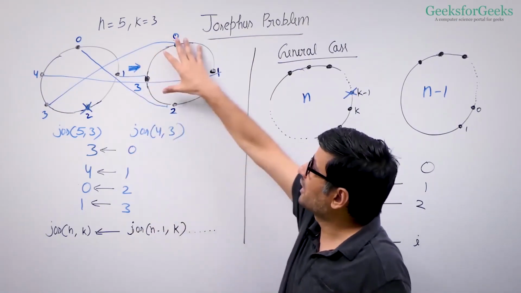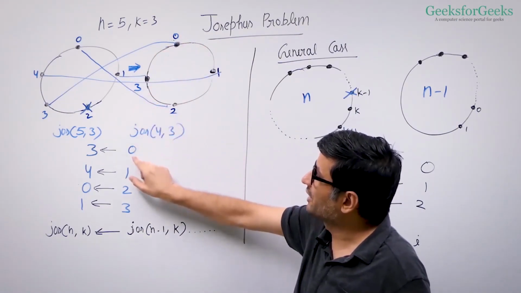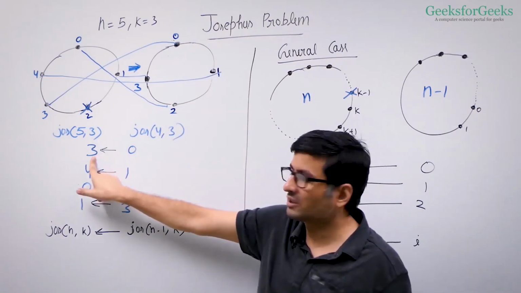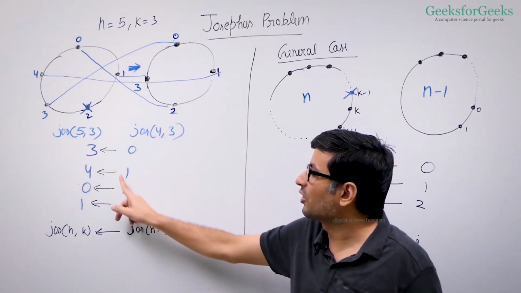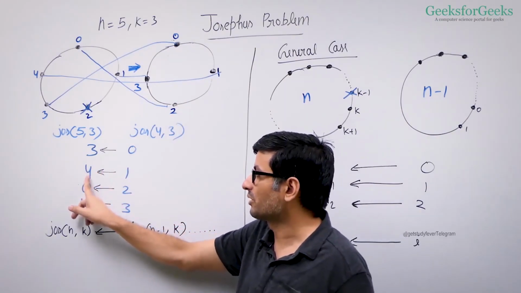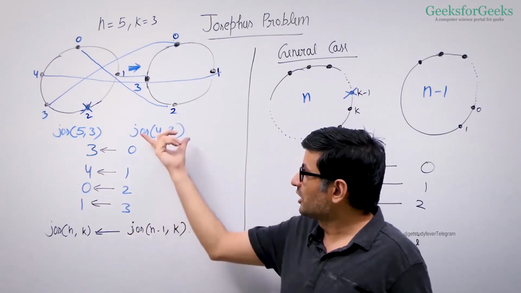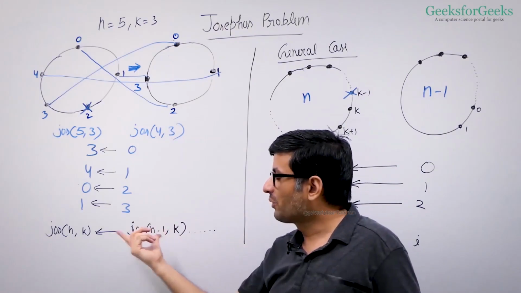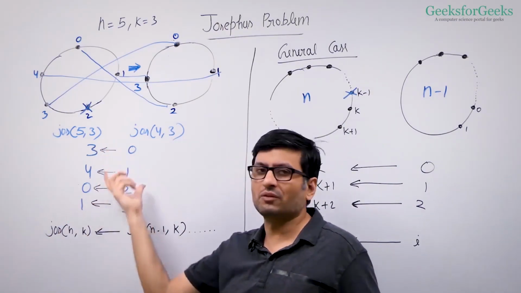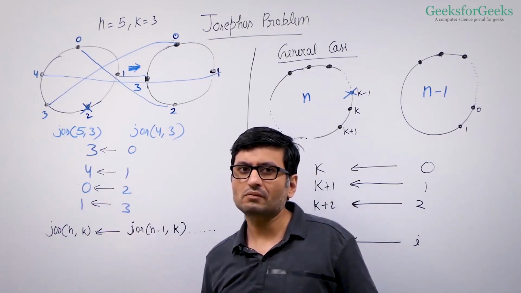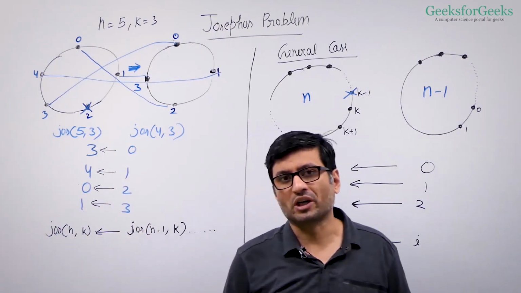So if this recursive call for 4, 3 returns 0, it means your main recursive call should return 3. If this recursive call returns 1, your main recursive call should return 4. So this is the result of this recursive call, and we want to know the result of this recursive call. Please see if you can get some hint from this example. You may pause this video now.